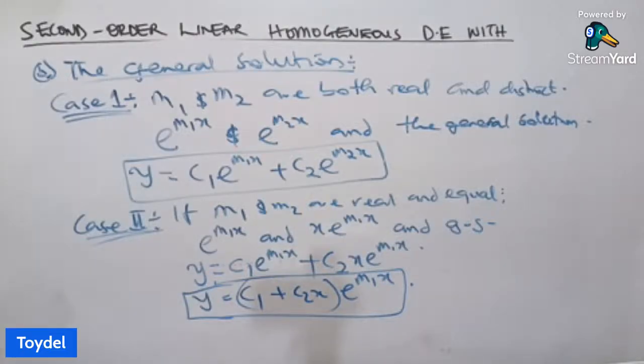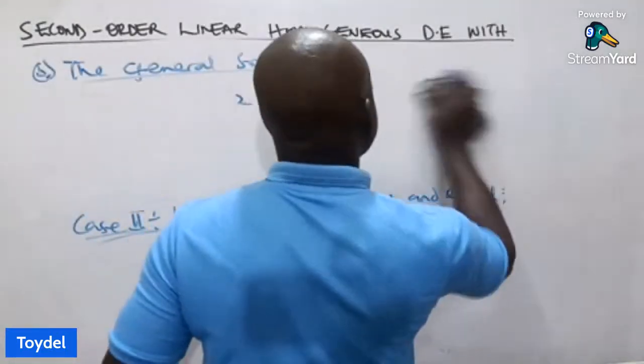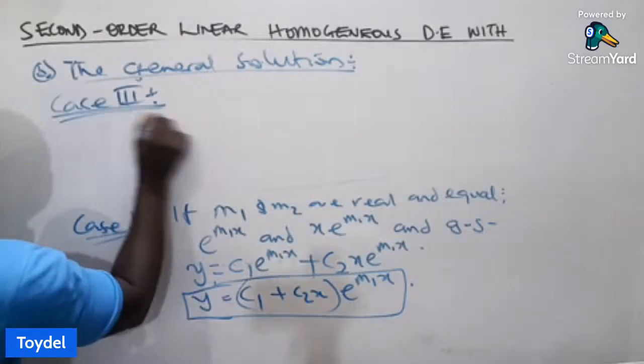Then the third case. Just like we have under quadratic equations, when we talk about discriminants, it's the same thing here. The discriminants can be real or complex.